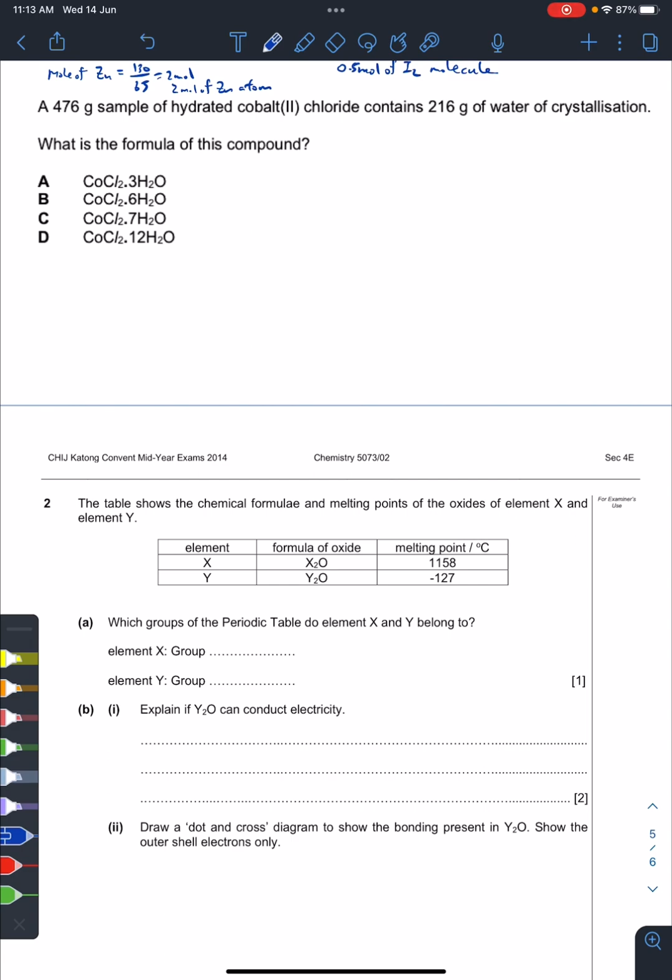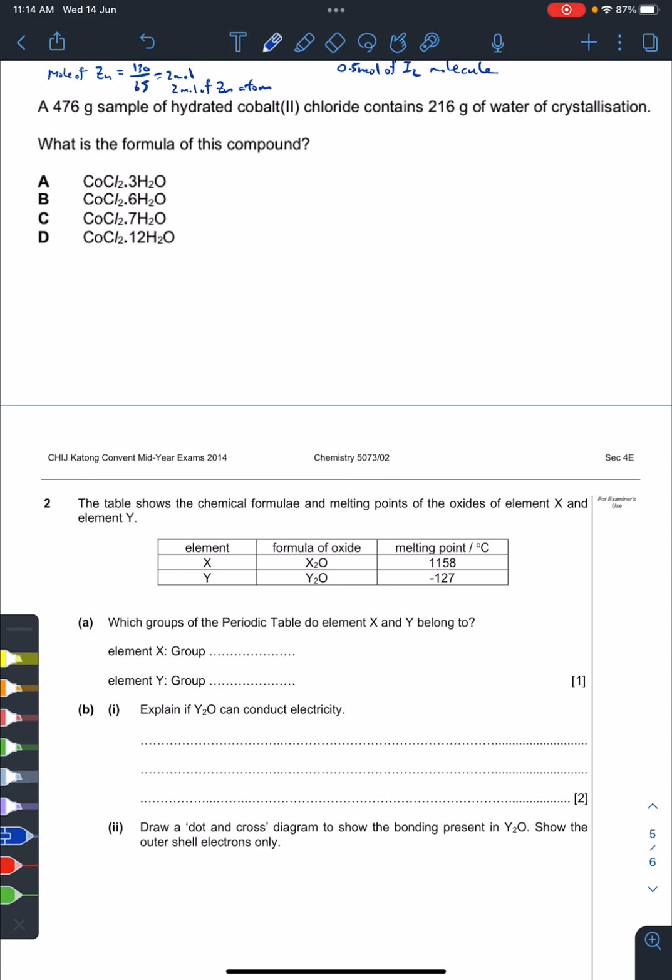So what is hydrated? Hydrated simply means, it's like the example of you going into a swimming pool. You come out of the swimming pool, there's some water attached to you. Does it change who you are? No. Same thing, it's the cobalt 2 chloride with some water attached to it. Hydrated. So if the entire cobalt 2 chloride with the water is 476, the water is 216, what do you think is the mass of the cobalt 2 chloride?